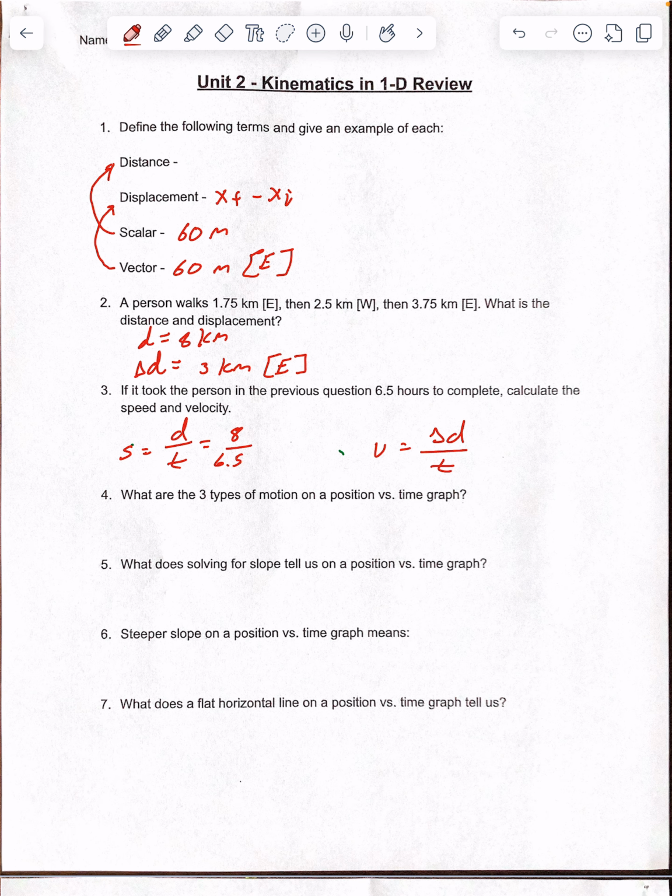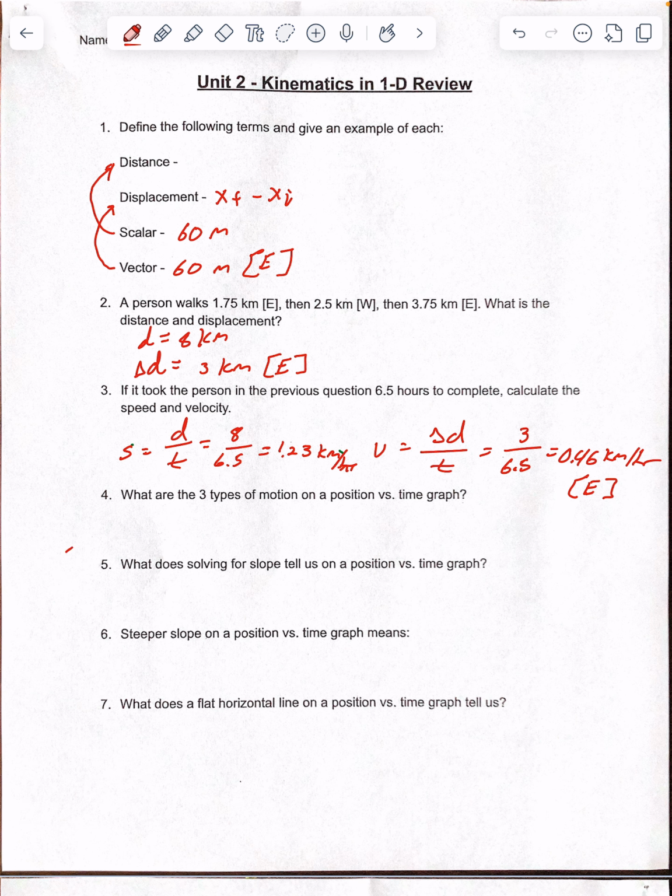So 8 divided by 6.5 hours gives 1.23 kilometers per hour. I don't need any direction on that. Velocity is displacement over time, so that is 3 over 6.5. Divide those and I get 0.46 kilometers per hour. Remember, this is a vector, so that means we ended up going east. Don't forget to include that east.